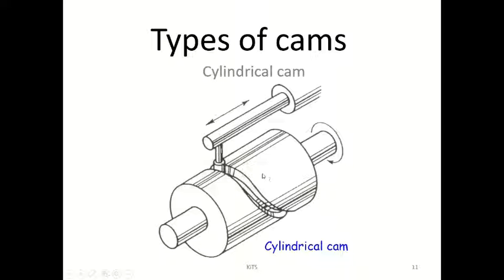When this cylindrical cam rotates, there is a groove on the cylindrical surface of the cylinder. So when the cylinder rotates, this follower will move front and back because it is following the groove in the cylinder.